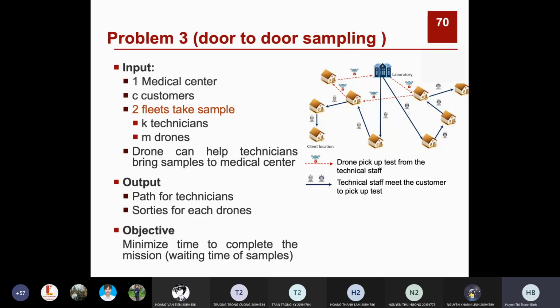So we want to use the drone to save time and avoid needing more technical staff. Here we need to make a schedule to minimize the timing and waiting for taking the COVID test.